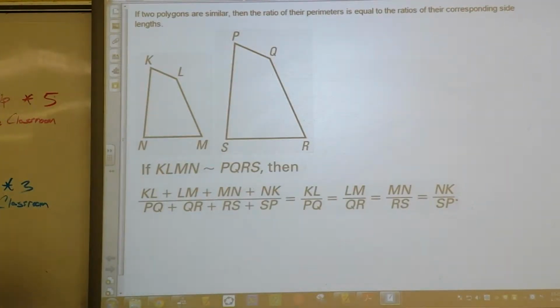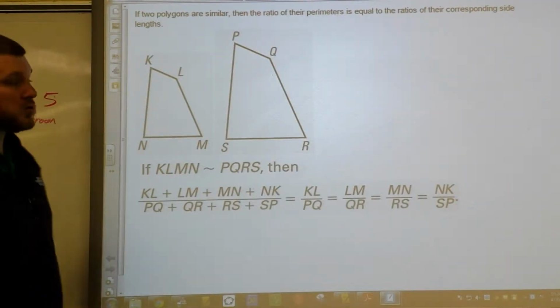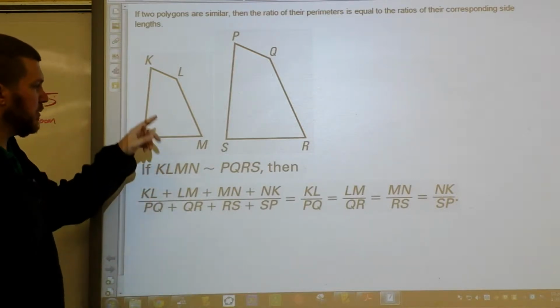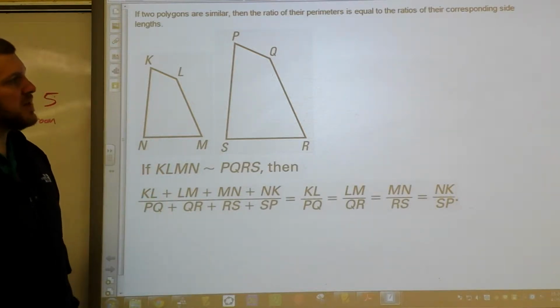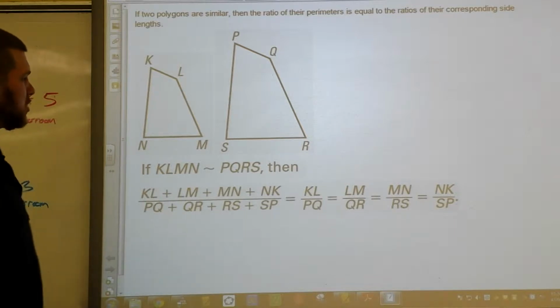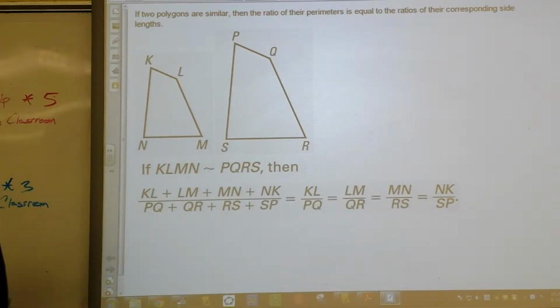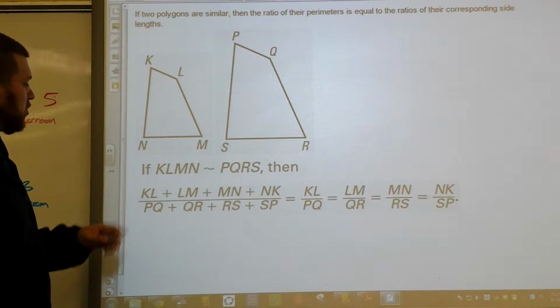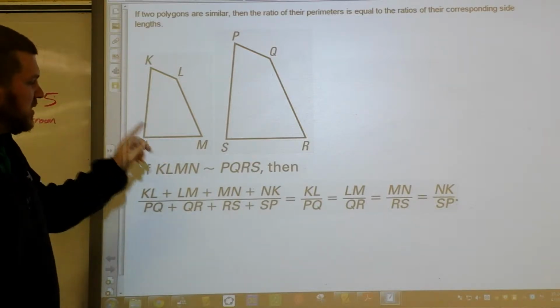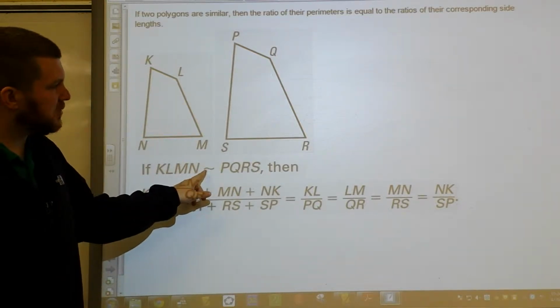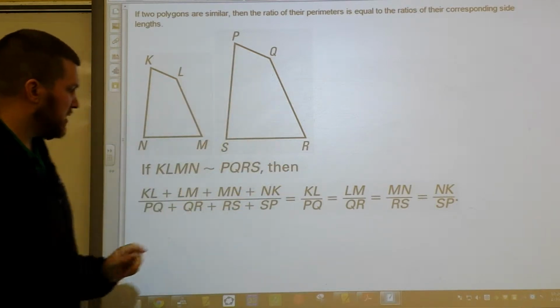If two polygons are similar, then the ratio of their perimeters, and perimeter just means add up all the sides, is equal to the ratio of their corresponding side lengths. So in this example, I have quadrilateral KLMN is similar, this little squiggle mark means similar, to PQRS.